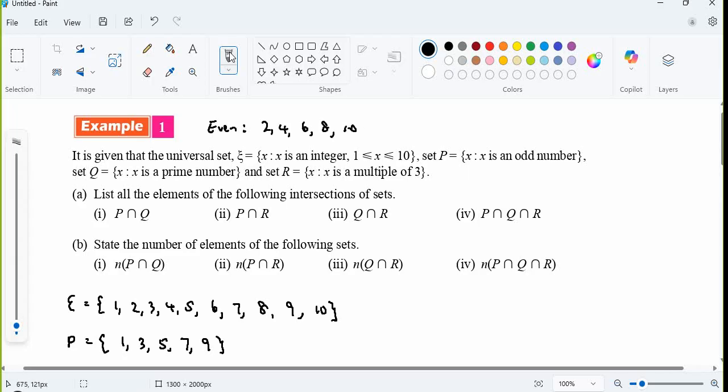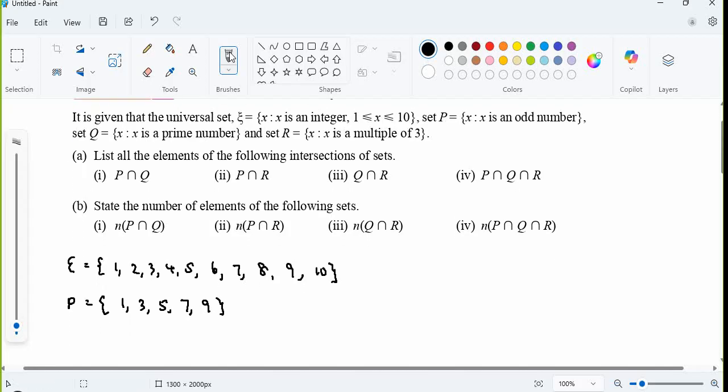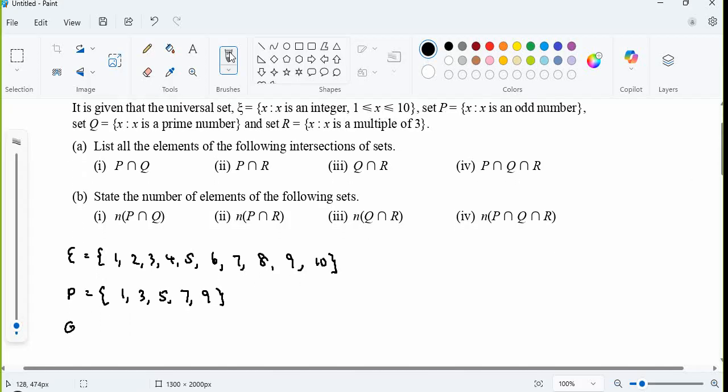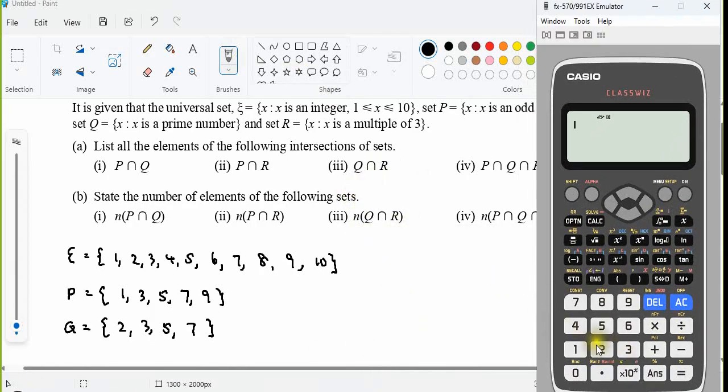And then set Q is the prime number. So prime numbers we have 2, 3, 5, 7. Prime number is the number that is only divisible by 1 and itself, and prime numbers start with 2.